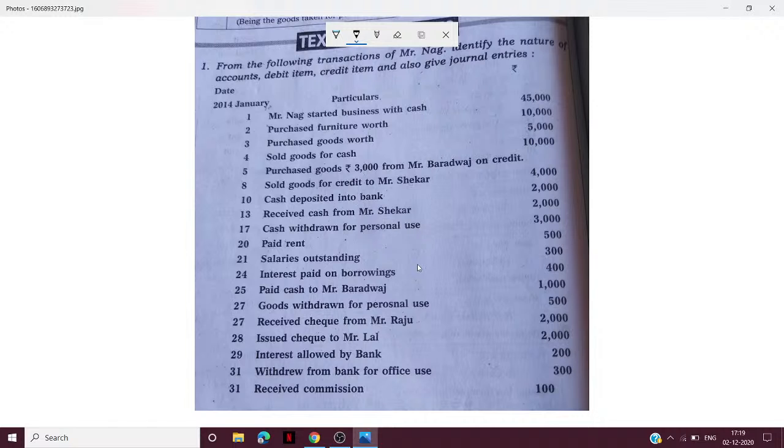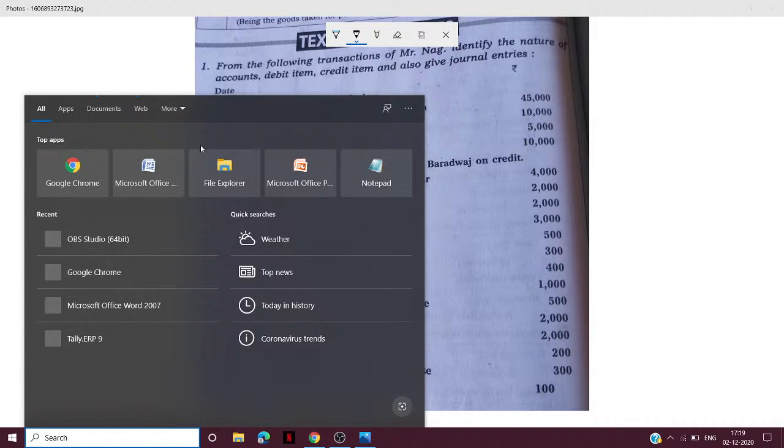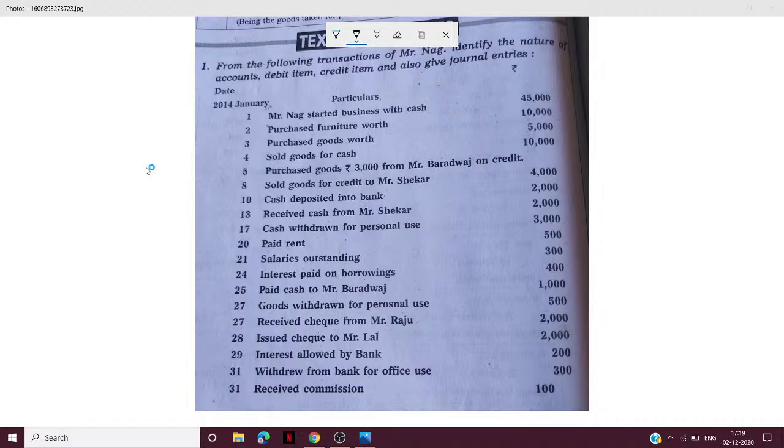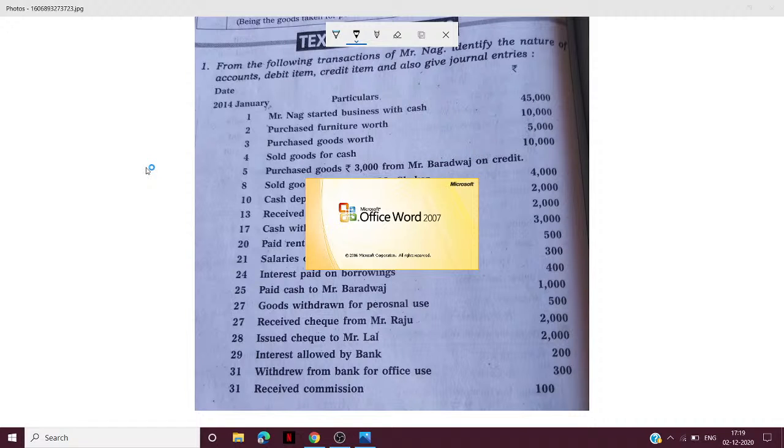So let us start. For this, I'm using MS Office so that I can write the answer subsequently. You can use your notebooks so that you can understand clearly.